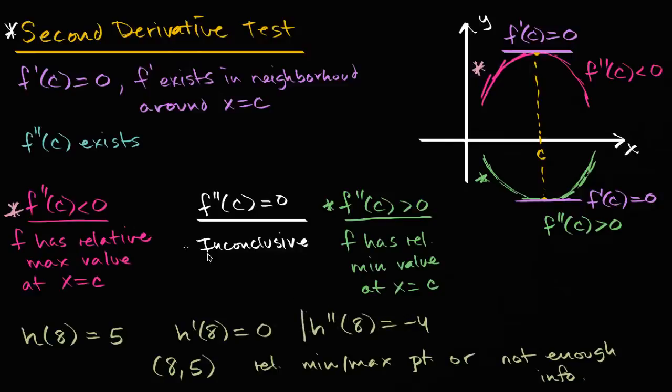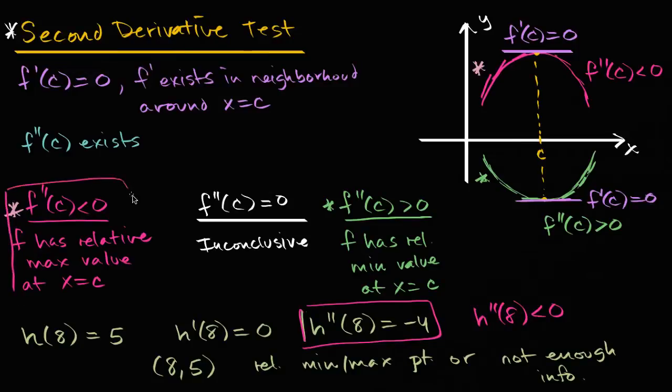So the fact that h prime prime of 8 is less than 0 tells us that we fall into this situation right over here. So just with the information they've given us, we can say that at the point (8, 5), we have a relative maximum value, or that this is a relative maximum point.